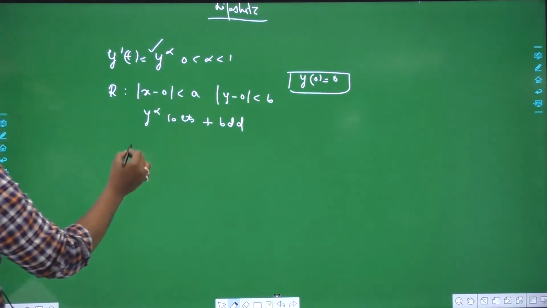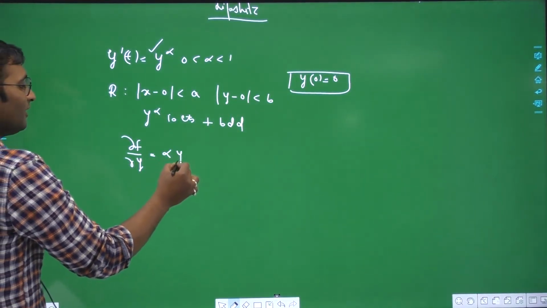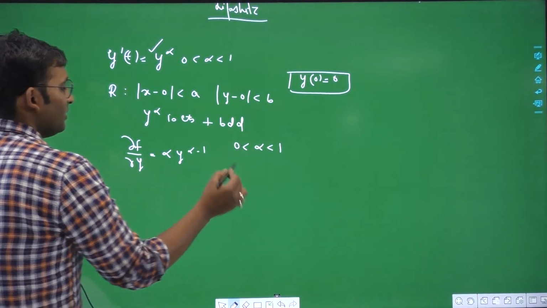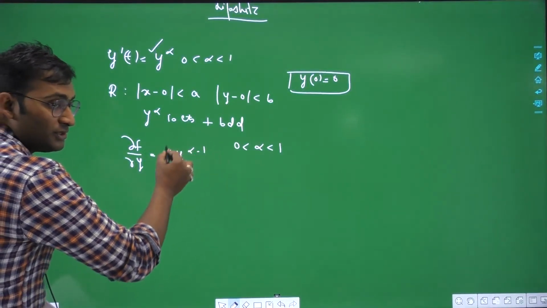But what about del f upon del y? Clearly, del f upon del y will be equal to alpha y^(alpha - 1), and since alpha lies between 0 and 1, this quantity will become unbounded as y tends to 0.